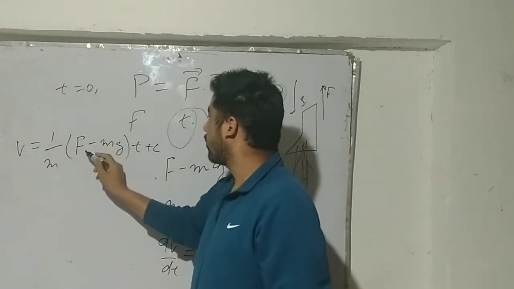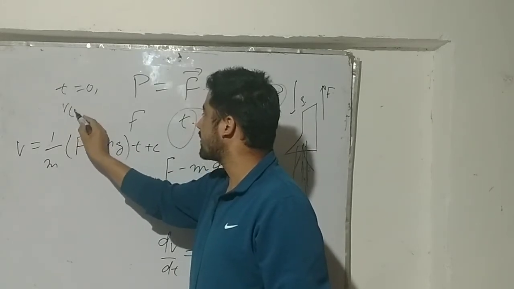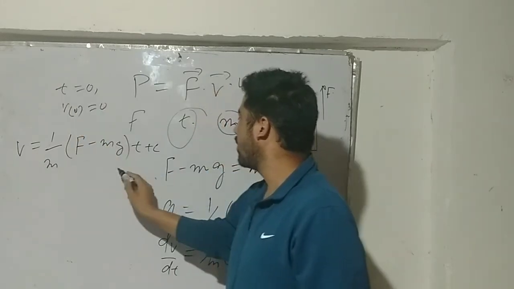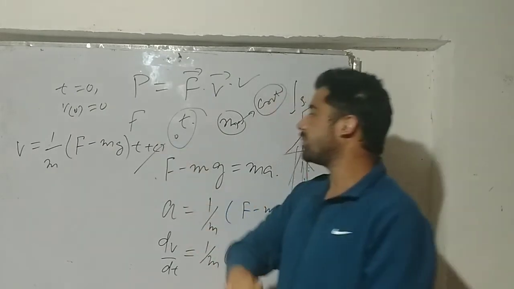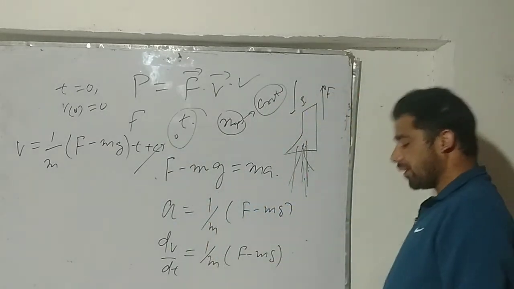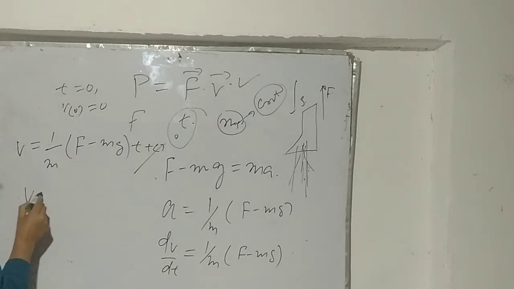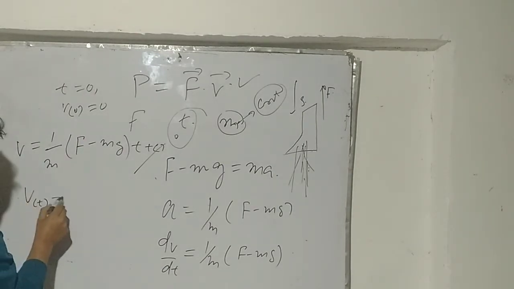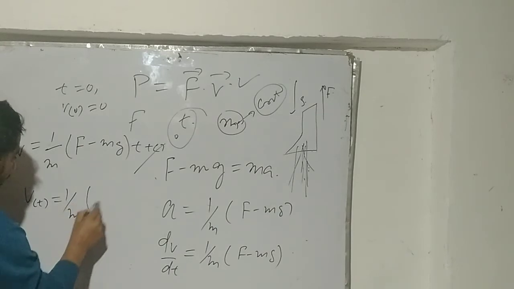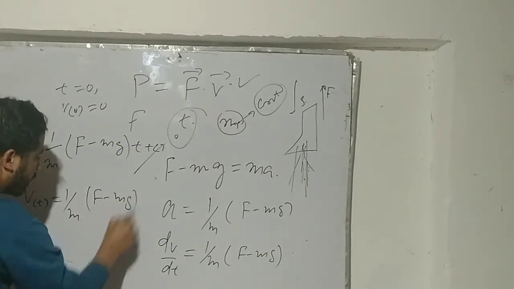Okay, obviously velocity at t equal to 0 is 0, which means I can drop this constant of integration c, because the initial velocity of the rocket is 0. So v at some time t will be 1 over m (F minus mg) t. Hope you are getting it.